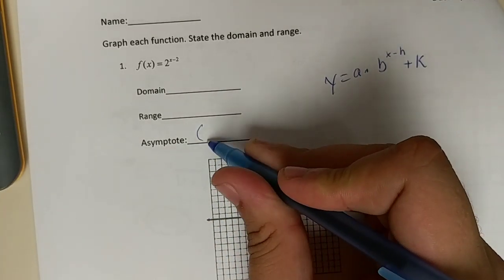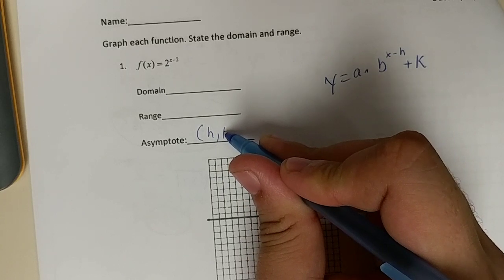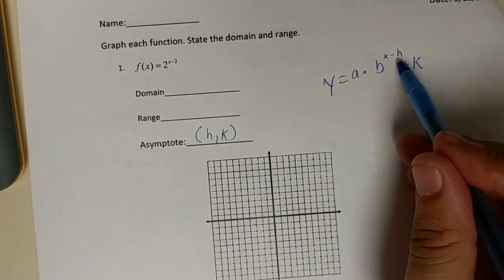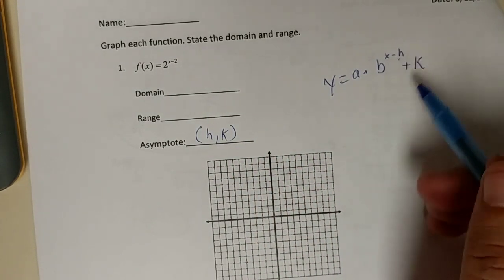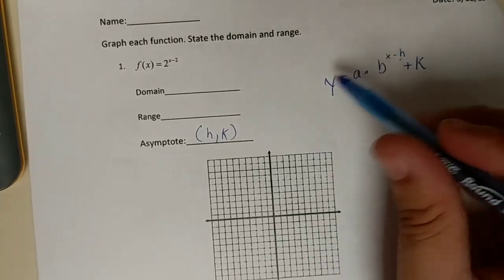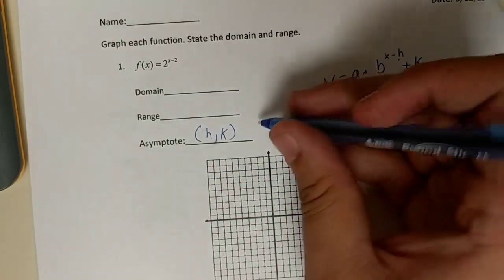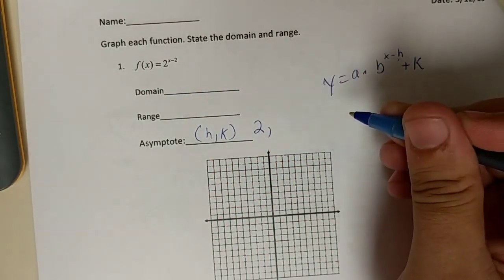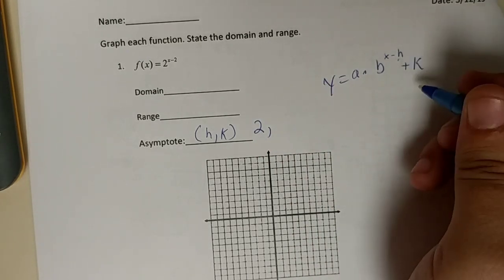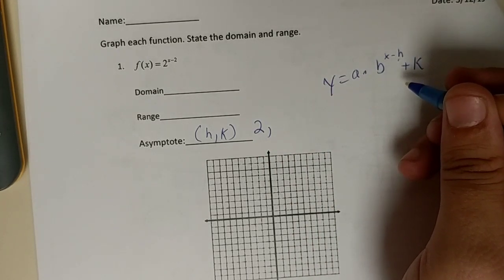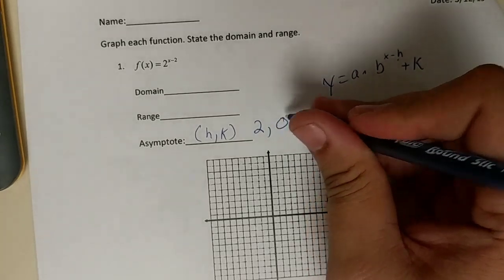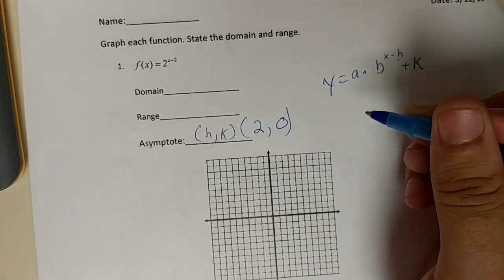The asymptote happens to be h comma k. And notice, see how it says minus h? It's going to be the opposite. So in this case, negative 2 is going to be a positive 2, comma, k, which is just going to be 0 because you're adding 0 to it.